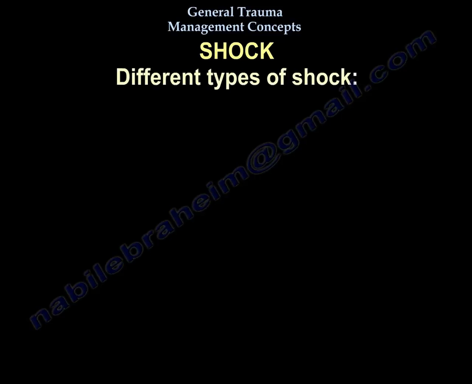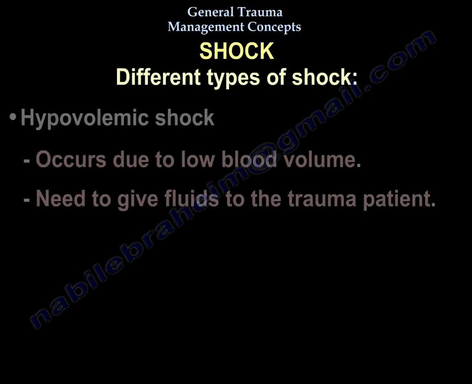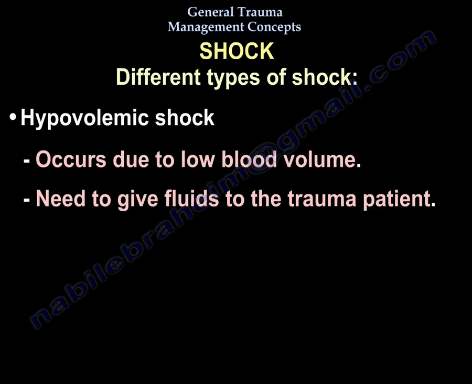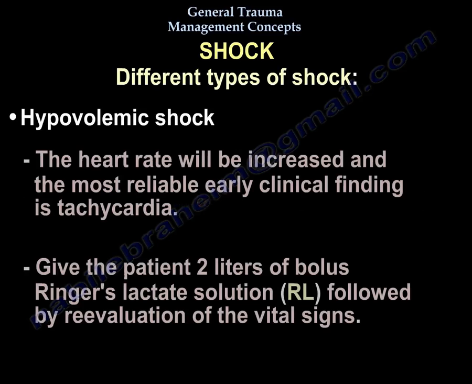Now let's talk about shock. Shock has different types. The first type is hypovolemic shock due to low blood volume. You can see that in the trauma patient, and you're going to give them fluids. The heart rate will increase. The most reliable early clinical finding for hemorrhagic shock is tachycardia.